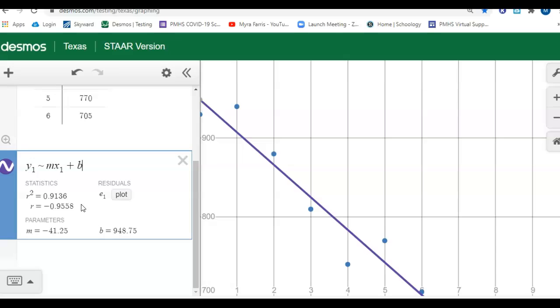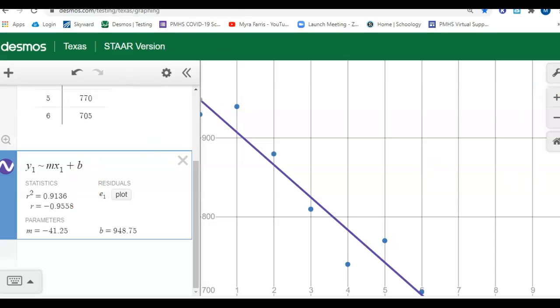If I had a correlation of maybe 0.5 or 0.4, that would be almost no correlation at all. That would mean the points are really spread out all over the place. So the closer that R number is to 1, the closer it is to the points making a perfect line.